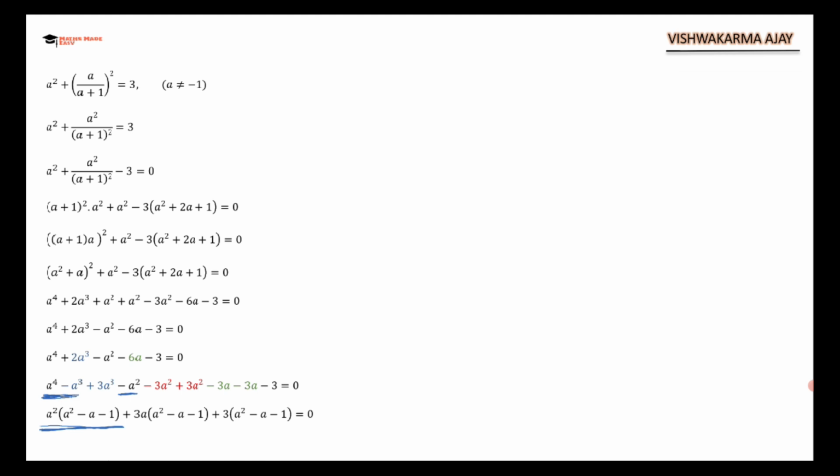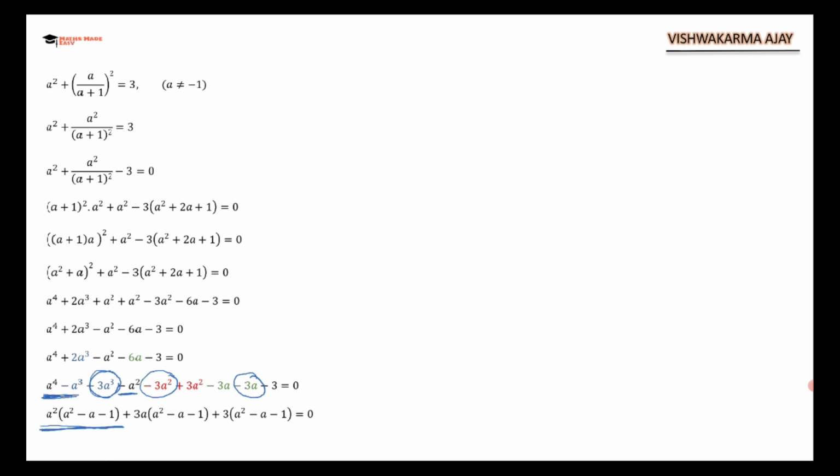This is for the first part. Now 3a times (a² minus a minus 1); this comes from 3a³, minus 3a², and minus 3a. When you bring these three terms together, you can take 3a common and then (a² minus a minus 1).